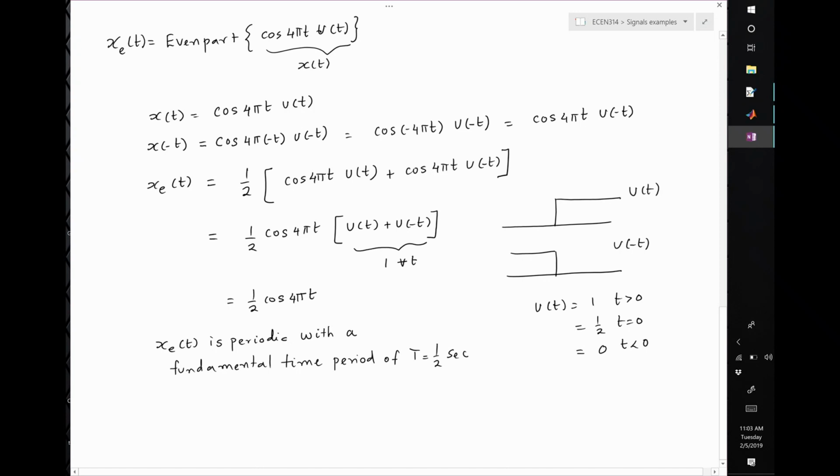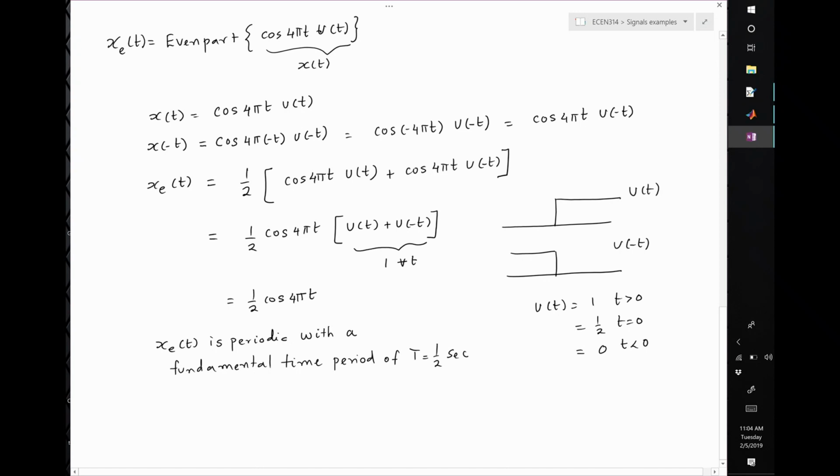What is x of negative t? Well, x of negative t is what you get by replacing t with negative t in this expression. So x of negative t is cosine 4 pi times negative t times u of negative t, which is cosine negative 4 pi t times u of negative t.